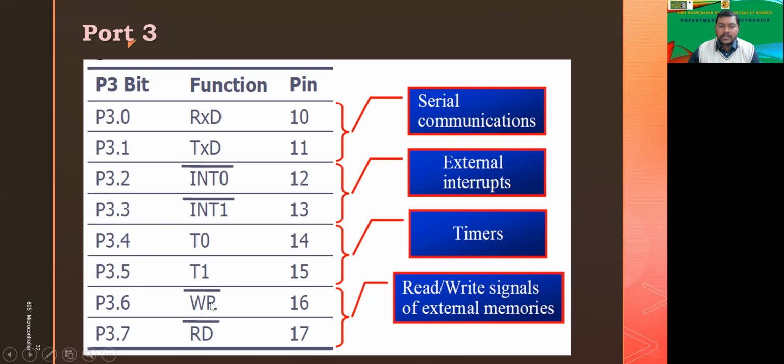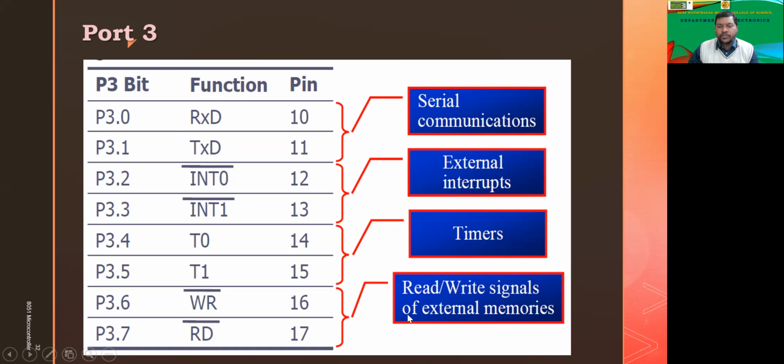Write bar means whenever this terminal goes low, the microcontroller is supposed to write something, meaning to write the data outside or write the data inside. Similarly, when we are reading, this pin number 17, that is P3.7, can be used to read the data. Read the data means take the data from the external device.